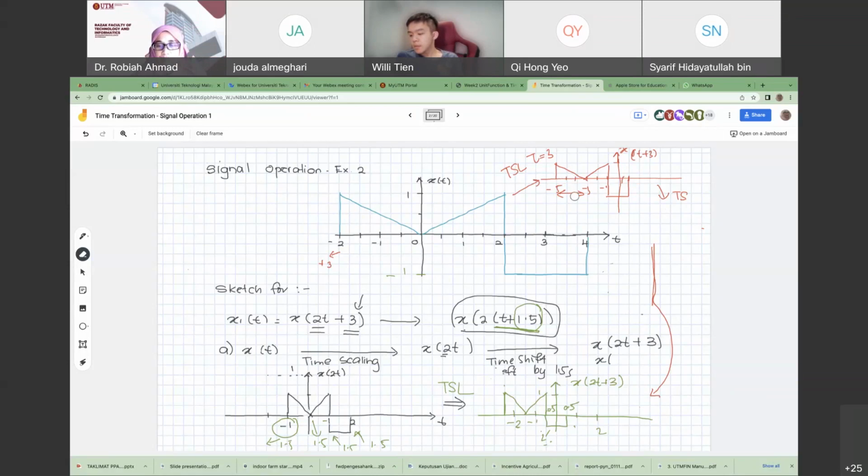This one will be compressed half and half.